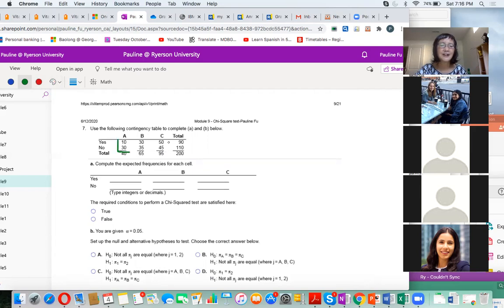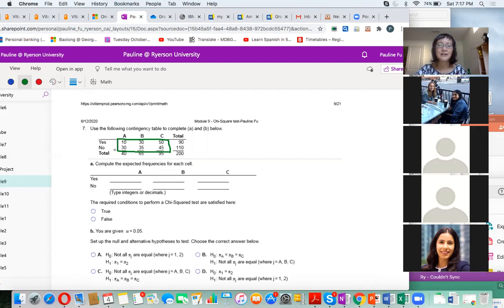This is the data. In this data, we call the given data observed data. You have 2 rows, 3 columns. So we'll answer those 4 basic questions.